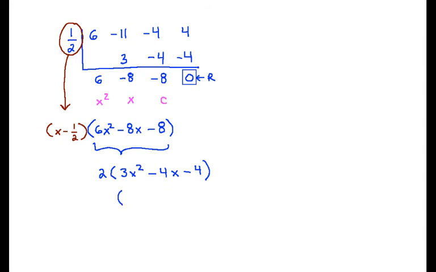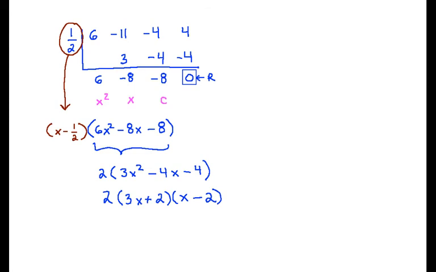This also factors using trial and error pretty easily. If our first guess is just to put 2 and 2, because 2 times 2 is 4, then I can see my outer and inner terms are going to be 6x and 2x. I want the 6x to be negative and the 2x to be positive in order to get me the correct middle term.